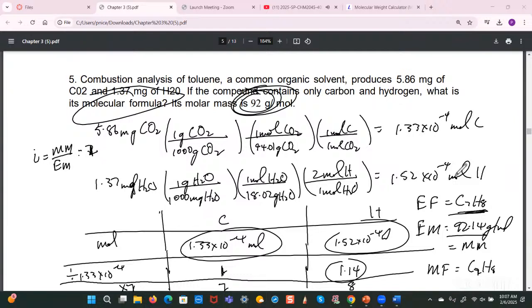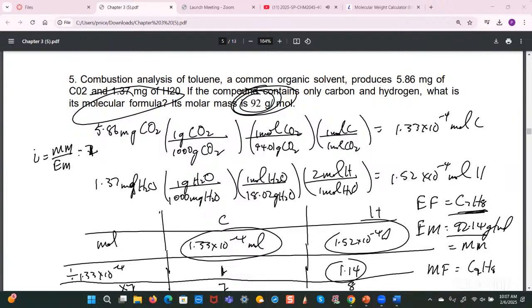If I remember correctly, I think it's usually 0.1 or 0.2 or something like that. But you know, if it's point something away from the nearest integer, then you should consider multiplying right through by a certain number to convert that into an integer. Right? Okay, any other question about this?